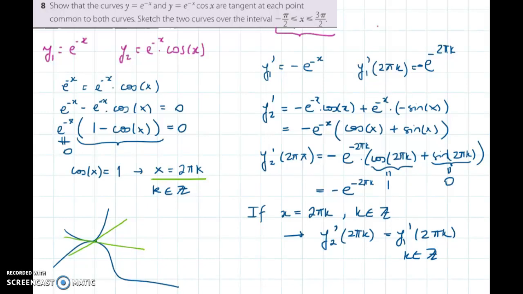Then we also need to include a sketch of the two curves in the given interval, but that's just using our calculator and copying a more or less nice picture of that, and that's it.